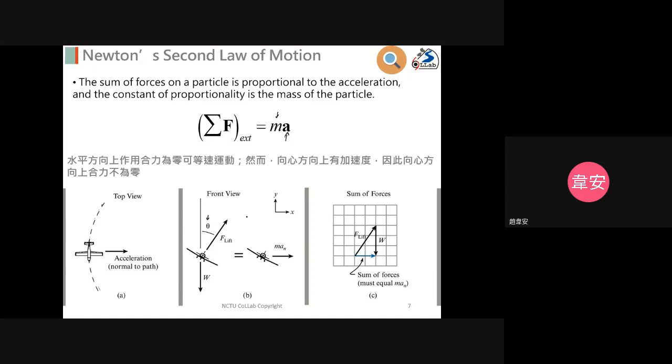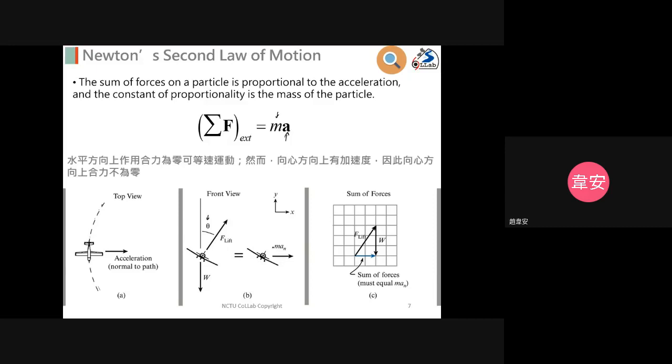If we make the force balance, the lift force can be converted to horizontal and vertical components, and the vertical component needs to balance with the weight. But for the horizontal component, there is no other force to balance the horizontal force induced by the lift.